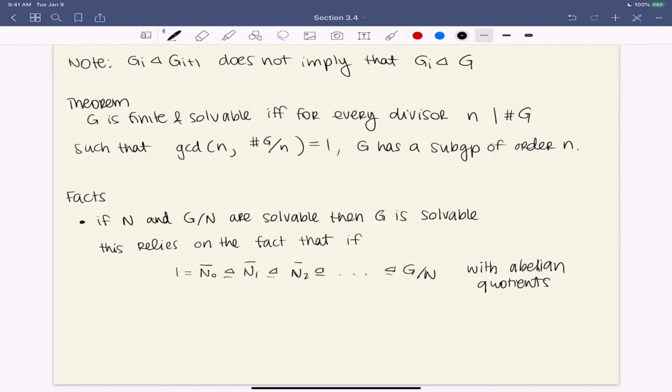So exactly what it means for G mod N to be solvable. So this happens if and only if there exists a sequence. Oh, sorry, actually, that's not what I mean. There's a sequence with N equal to N naught, N_1, N_2, dot dot dot, all the way to G, each normal in the next with abelian quotient.